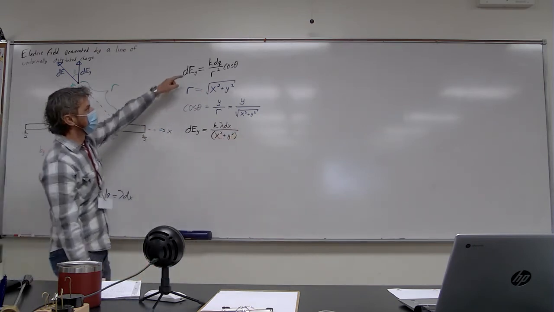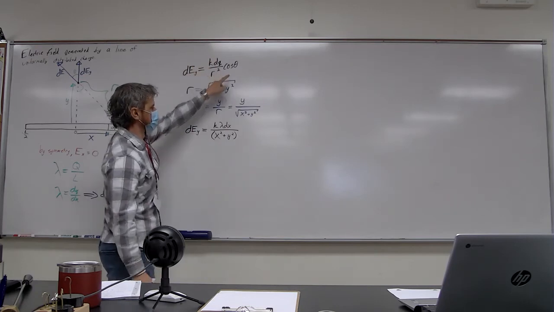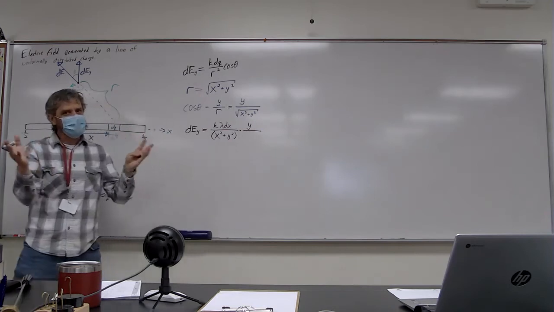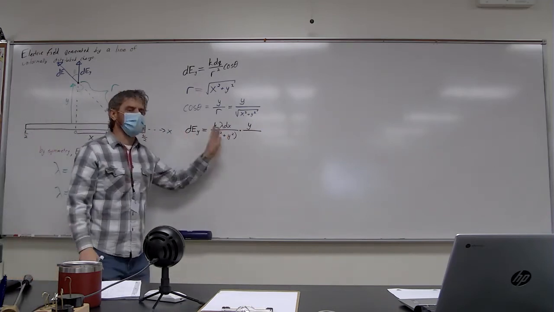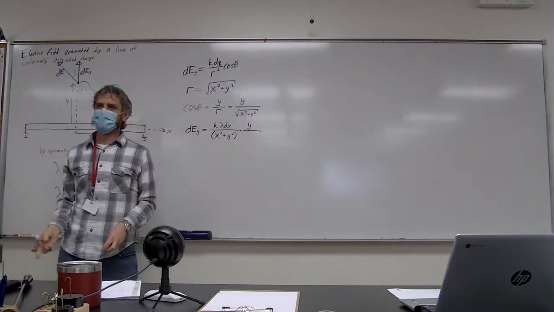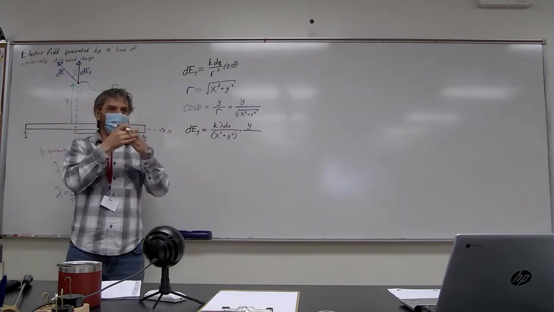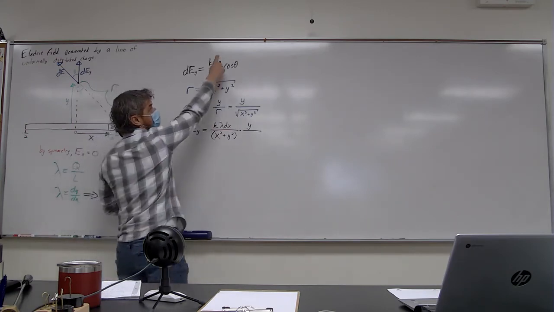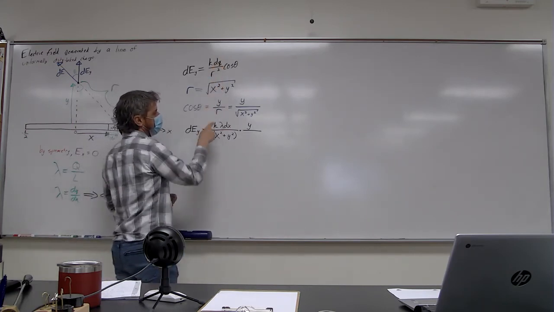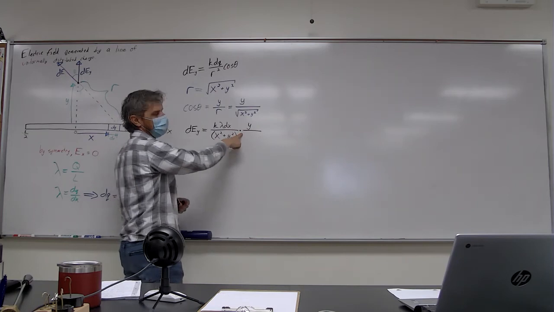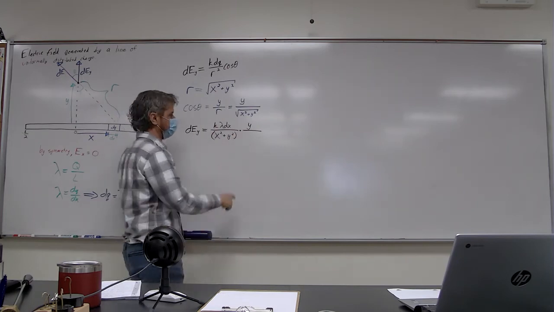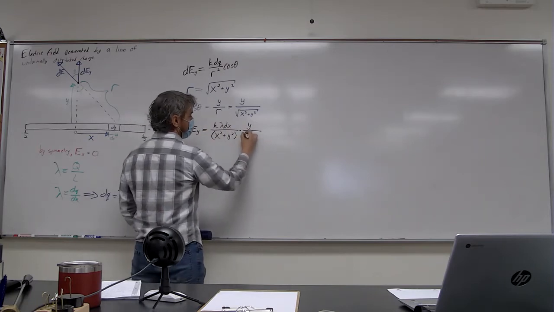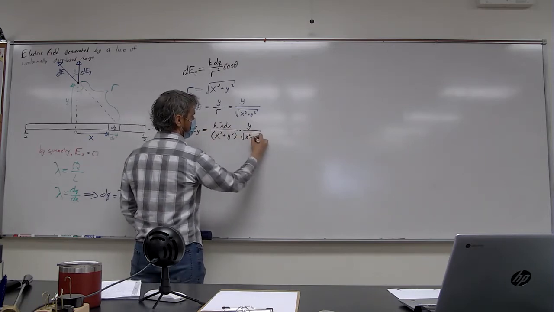But then we got the cosine of the angle. You don't need to do it like I do, but because there's a lot of fractions going on here and a lot of substitutions, I don't like doing all that in my head and writing out the expression. Some students do. I tend to make mistakes when I do that. So I did the substitutions in for dq and r squared here. And then I just put the little dot, that's not a dot product. We're not doing dot product of vectors. It's just multiplied by, and then I make this substitution, which I know is y over the square root of x squared plus y squared.